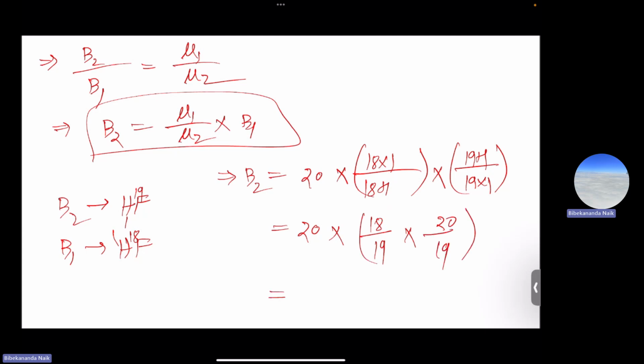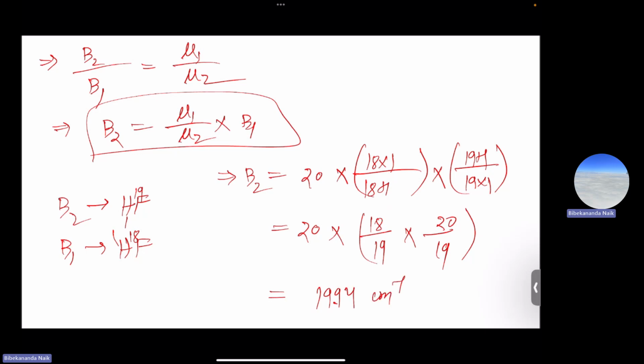So if you calculate, it will come out to be 19.94 centimeter inverse.